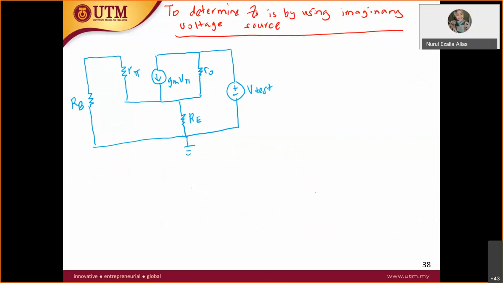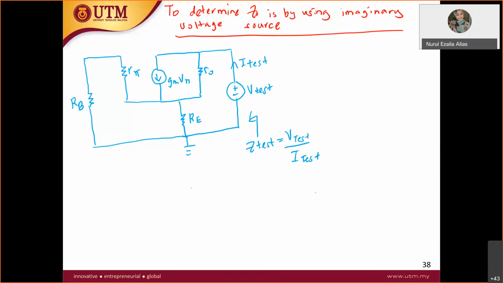So this is the equivalent circuit. Now your objective is to find this Z test. When you have the imaginary voltage V test, then you have the I test going out from the source V test. So the Z test would be V test over I test.